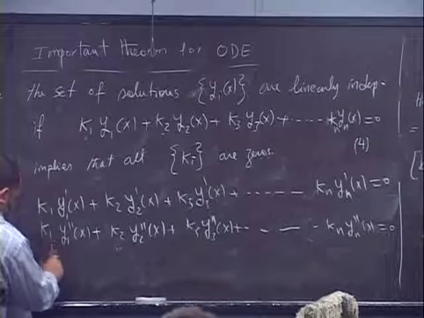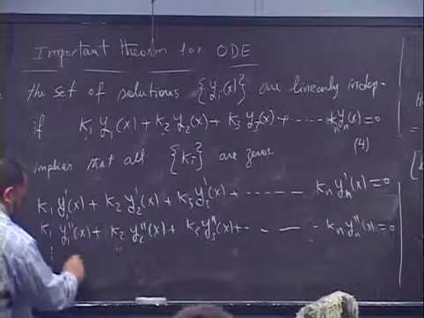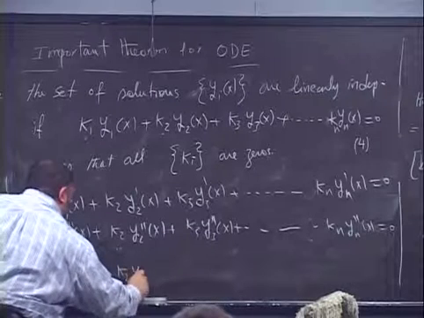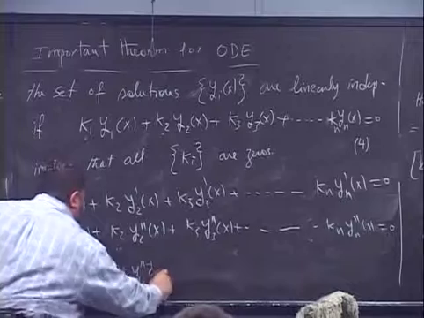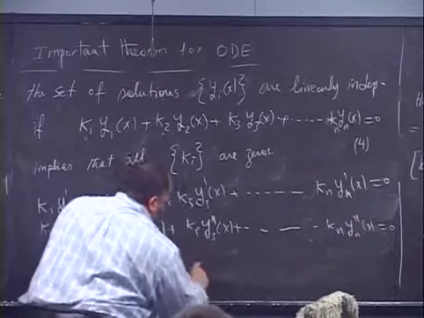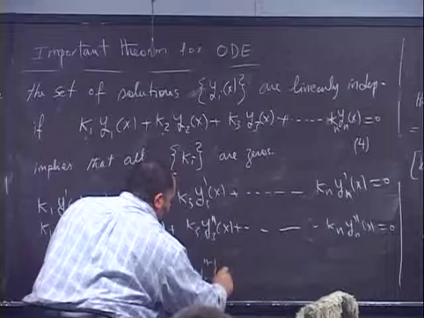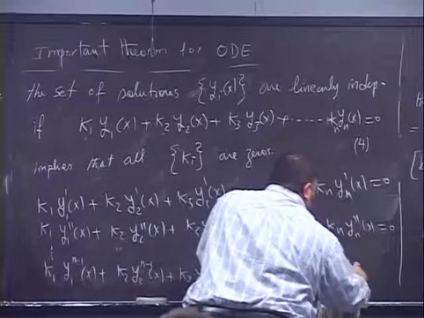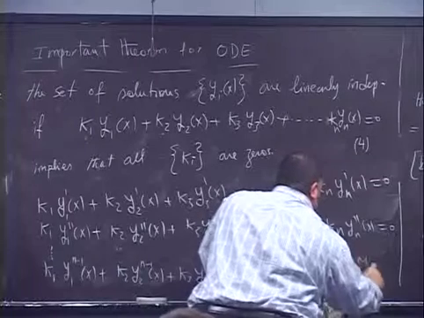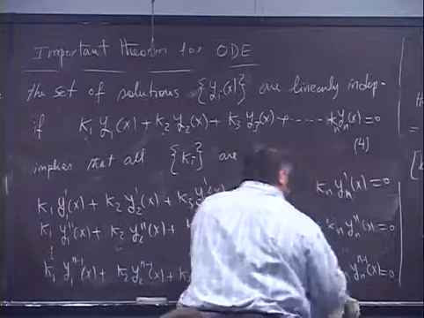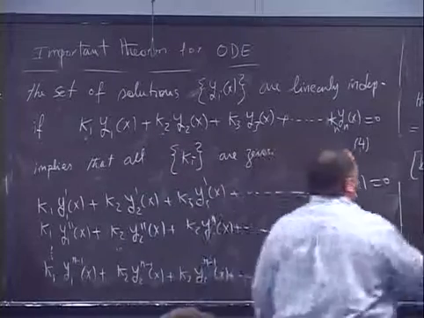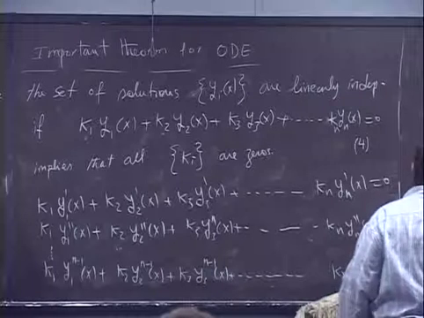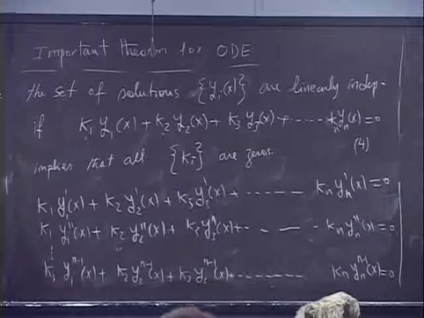So this will be k1 y1 n minus 1 derivative of x plus k2 y2 n minus 1 derivative of x plus k3 y3 n minus 1 derivative of x up to kn yn n minus 1 derivative of x equal to 0. So I can rewrite those n equations.